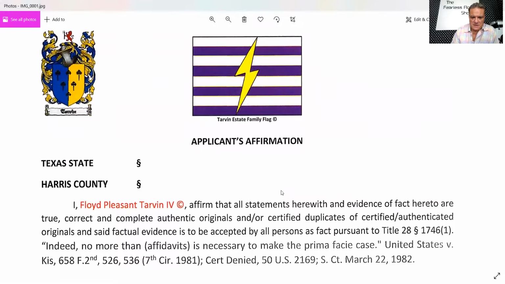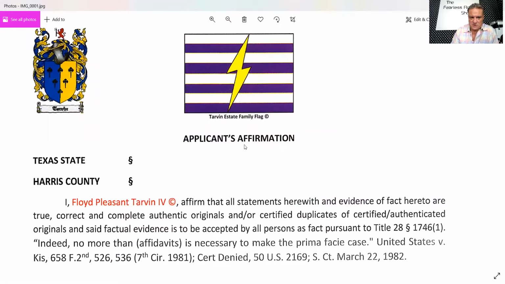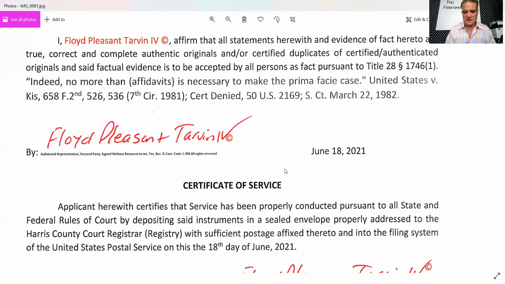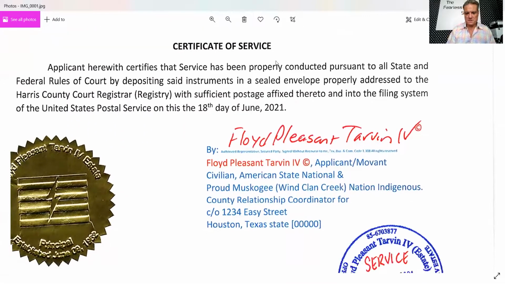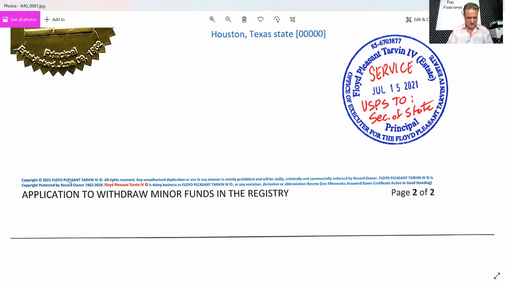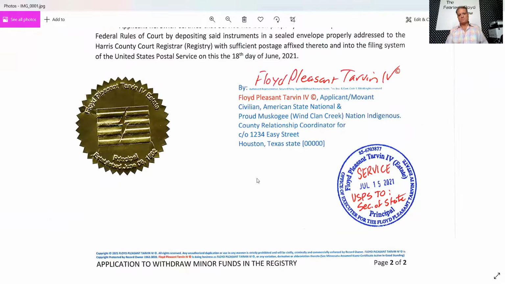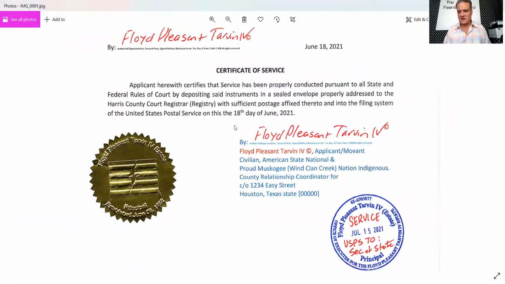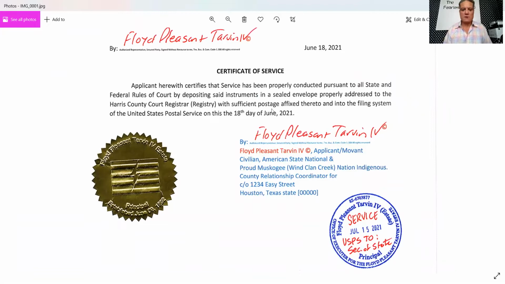Because in this particular application, my applicant's affirmation is connected to, basically an abbreviation of this guy right here, Floyd Pleasant Tarvin IV, the all capital name. It's actually Floyd P. Tarvin. So that's why I put this, because I am the authorized representative.